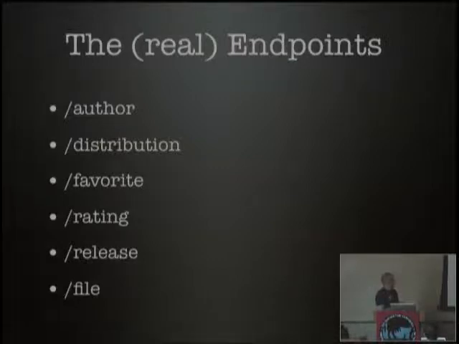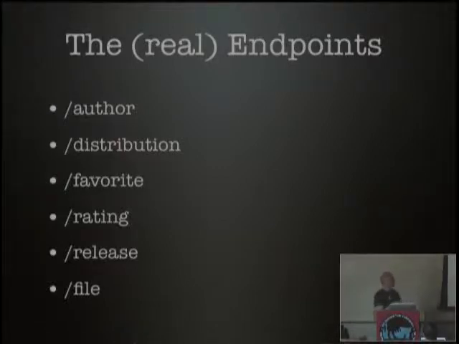Once we did the actual search, it just hit this endpoint. Favorites will be the list of, say, when somebody clicks the ++ button, that is entered as an entry into the favorites. Ratings is what we've extracted out of the CPAN ratings. Release again, and then you've got file. You notice that module is missing. Module is really just a special type of file.